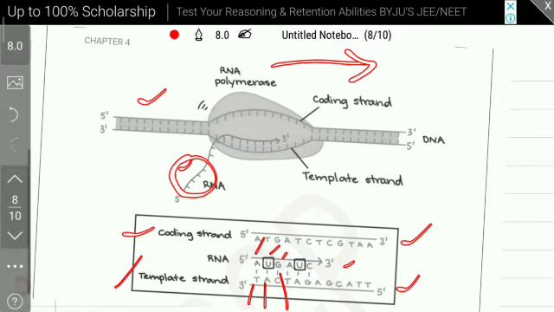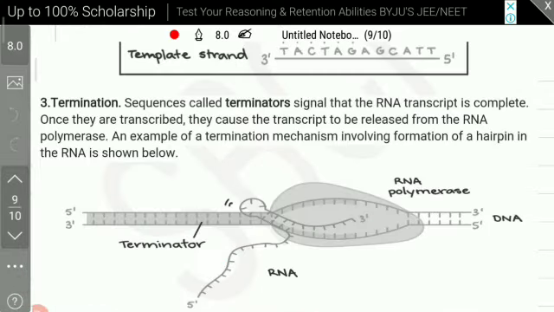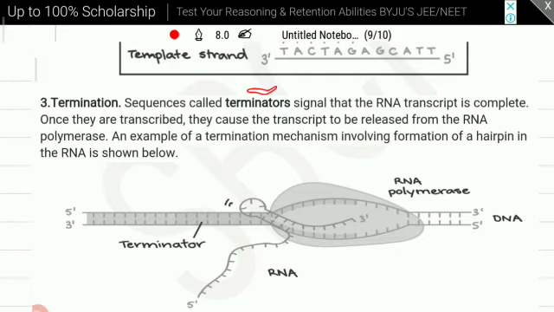Now with that we come to an end of the second stage, that is elongation. Finally, we come to the last one, which is called termination. Termination means the halting of RNA polymerase on the DNA strand. DNA has some sequences called terminators, which are called terminating signals.